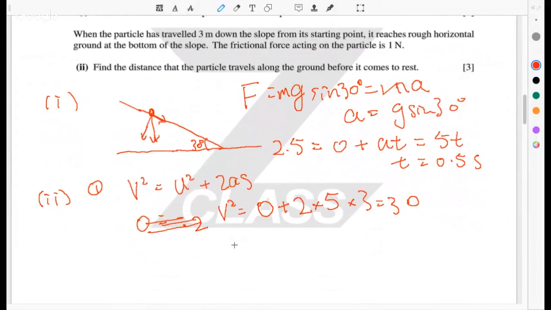And the second part would be to find out the deceleration of the particle at the rough horizontal ground. And the formula would be 0.5a, that's ma, would be equal to the force, which is -1. So a would be -2.